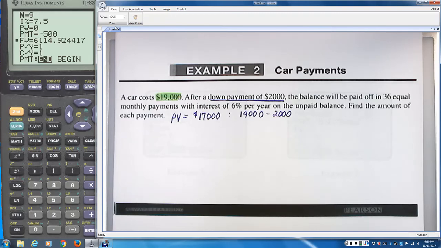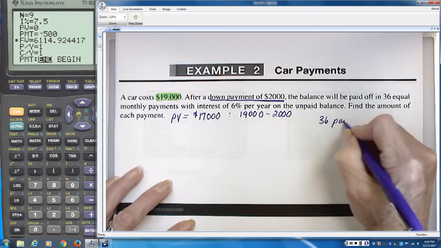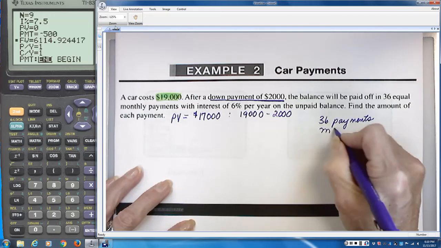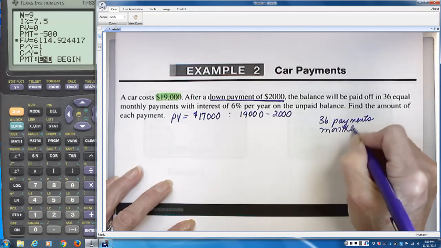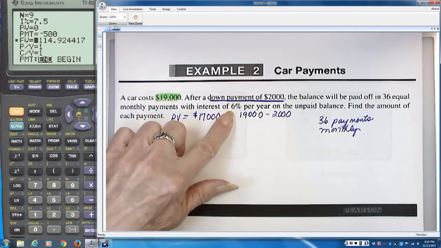Now they're going to make 36 monthly payments. And the interest rate is 6% per year.